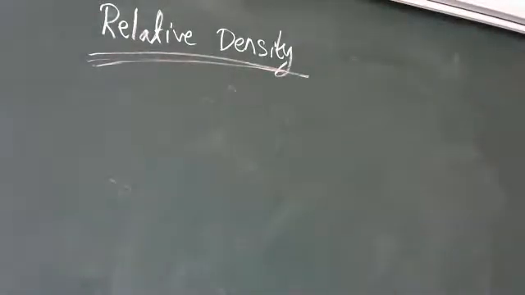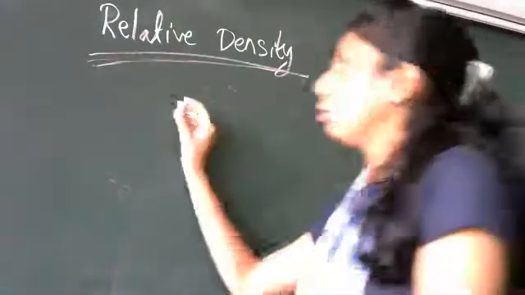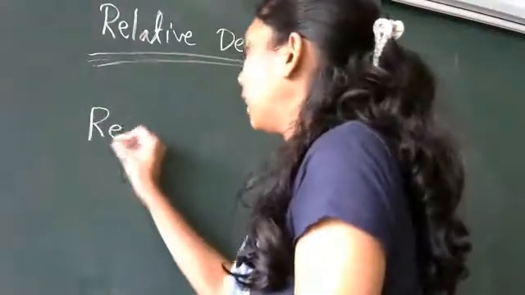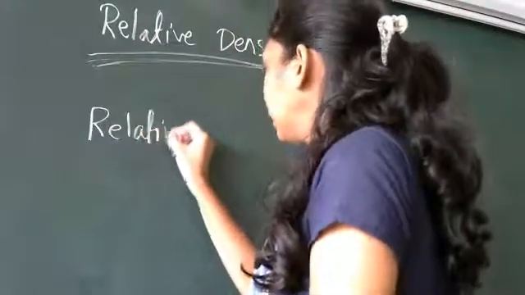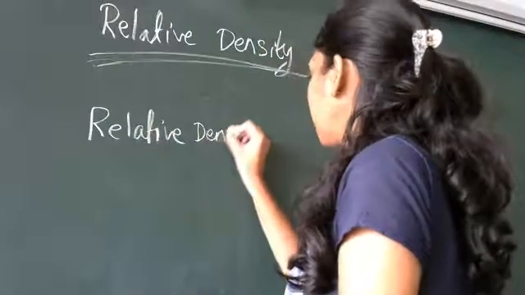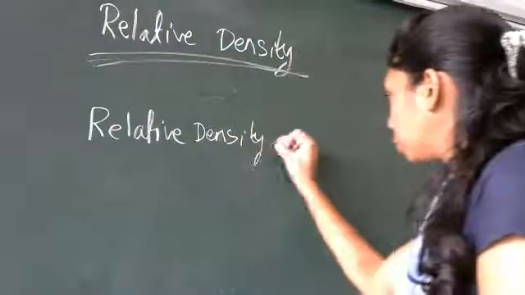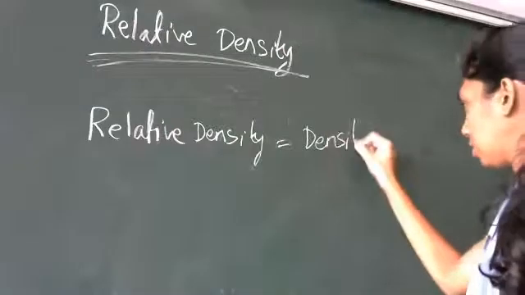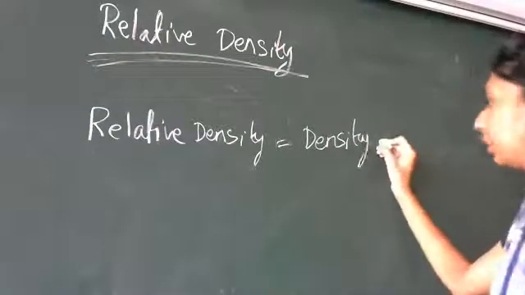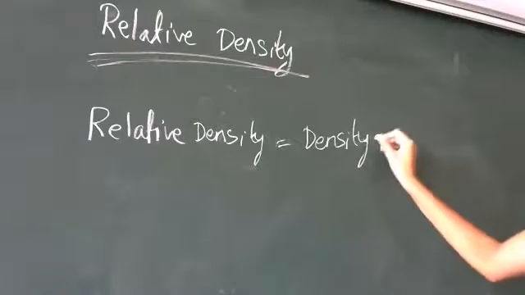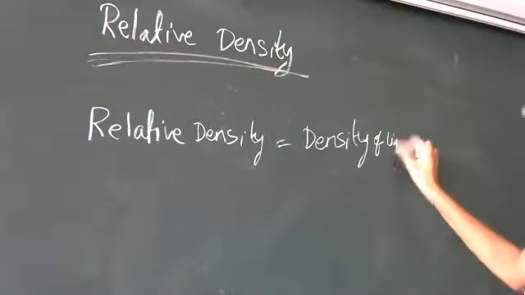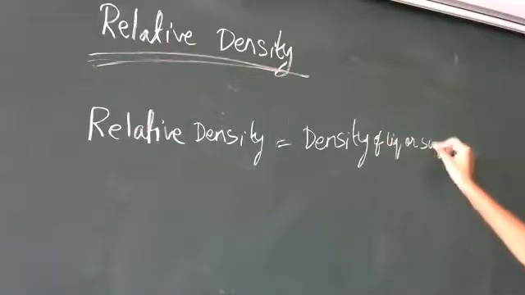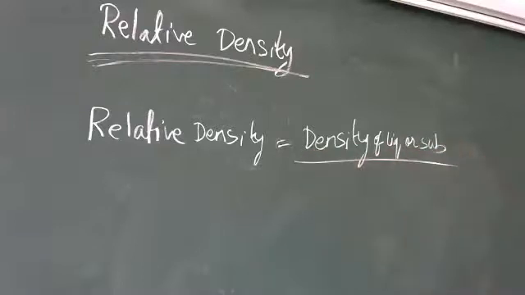Yes, ma'am. Okay. Now here also we need to remember one formula, that is relative density is equals to density of the liquid or the substance, density of liquid or it can be any other substance, divided by what?